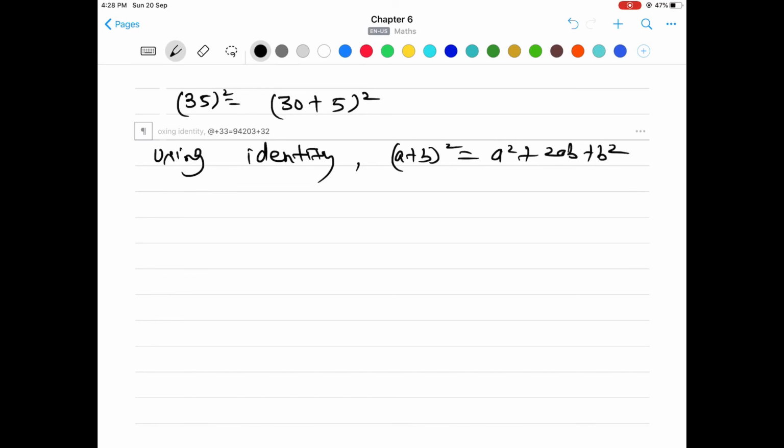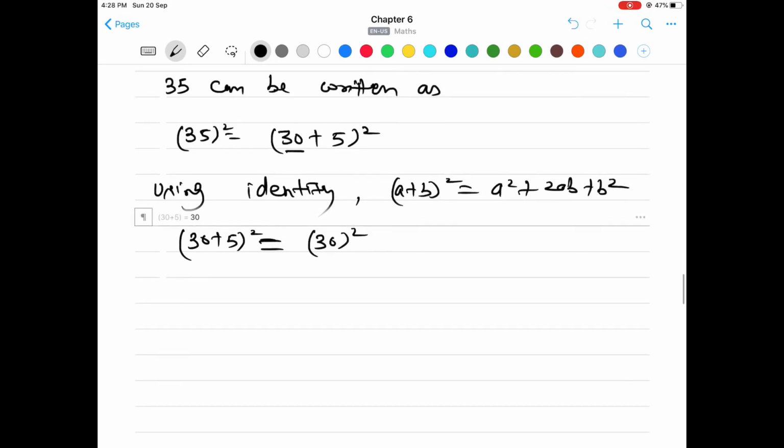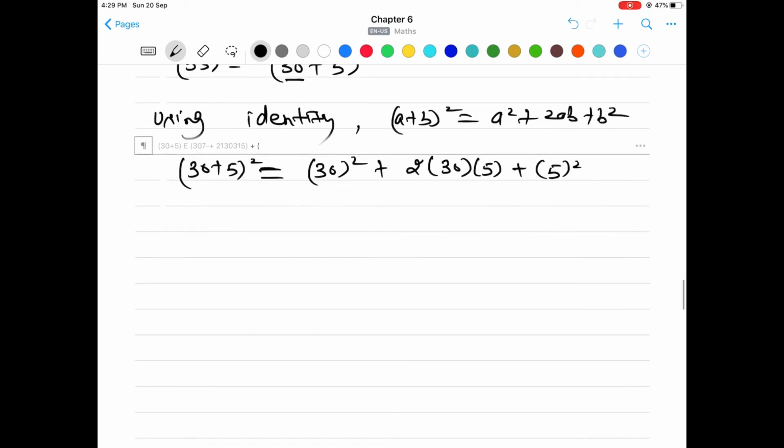So 30 plus 5 whole square equals a square, where a is 30, that means 30 square, plus 2ab, that is 2 into 30 into 5, plus b square, that means 5 square.